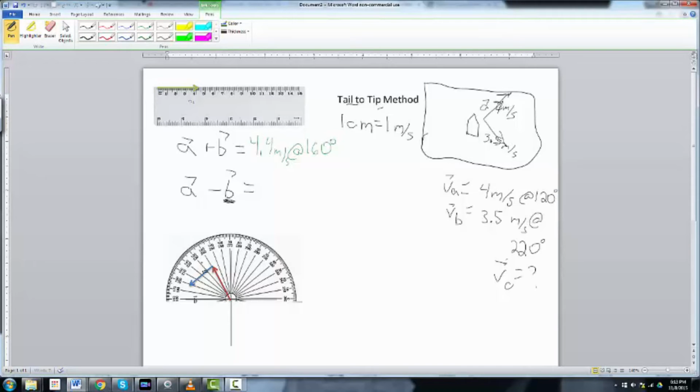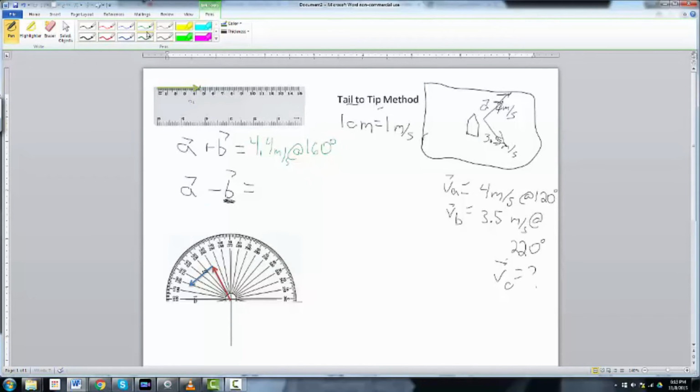So that's the resultant vector. And then we looked at the length of it. And we know that 1 centimeter is equal to 1 meter per second. So it came out to be close to 4.4, because it's right below the halfway mark. So we can call that 4.4 meters per second. And it's at 160 degrees.